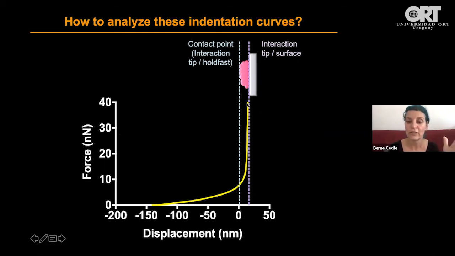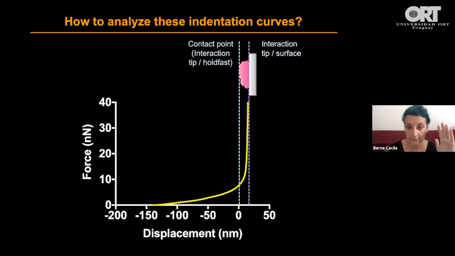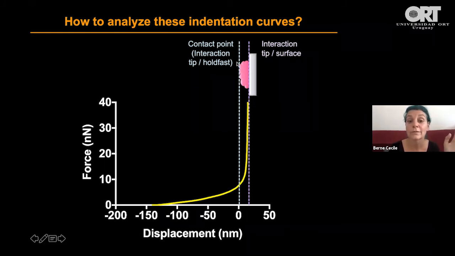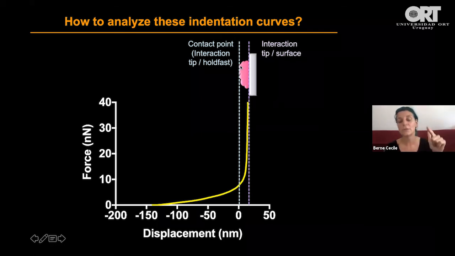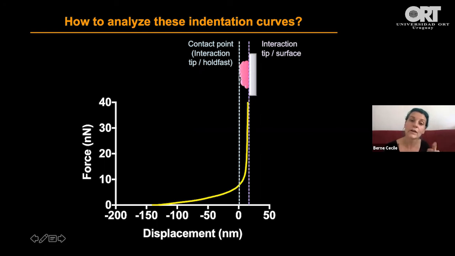So if we take those curves and think about it for a minute, here we know that we reach the surface. We've got the maximal deflection. It means we poke through the entire Holdfast and we are on the surface. Then we know that our Holdfast is about 20 nanometers. Before we measure each Holdfast, we measure its height, so we know exactly where the contact point is once we know where the surface is.